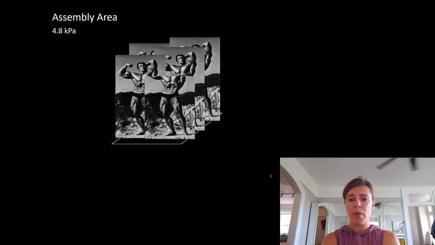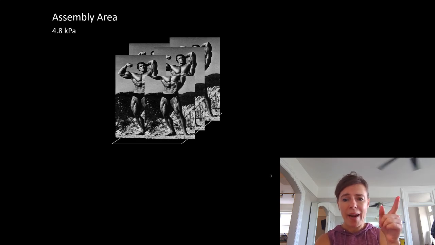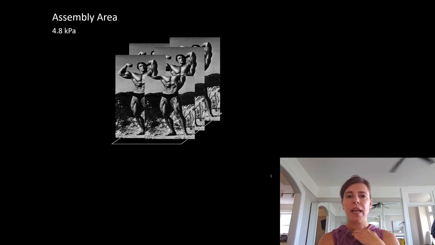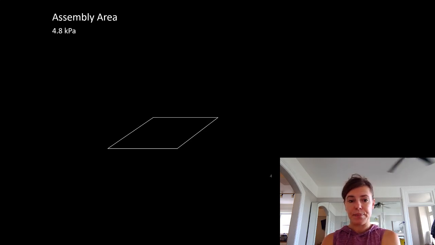You definitely have people that weigh 225 pounds, but the average group standing in that square would probably be somewhere between 120 and 200 pounds. So that means that's not enough. 4.8 people isn't enough to represent our 4.8 kPa. And I think I show that a little bit later on. So we'll come back to that in just a few minutes.